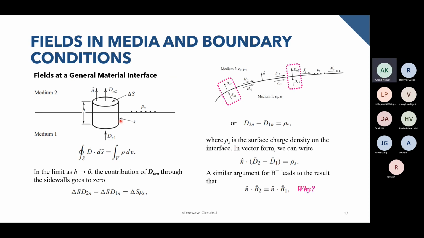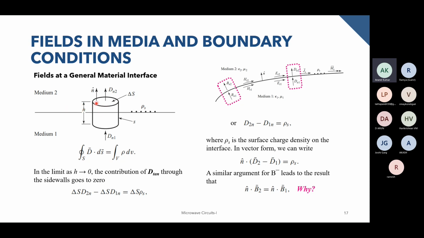For the normal components, we usually take a pillbox kind of volume. This particular cylinder or pillbox is kept at the boundary, and we make this h tend to zero.